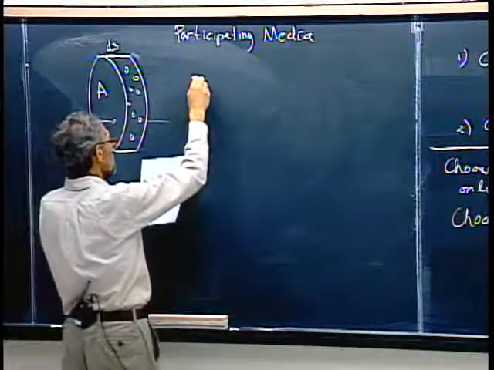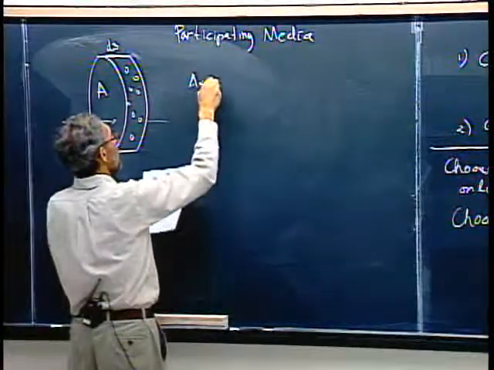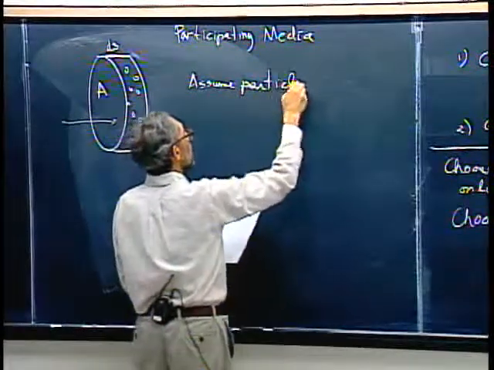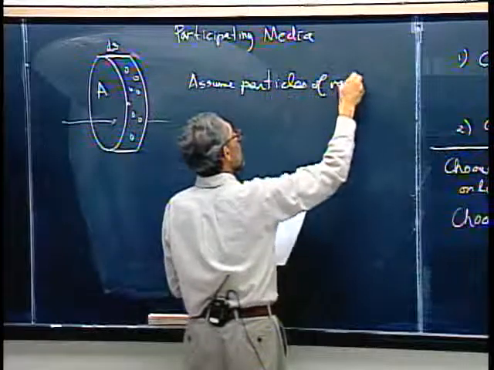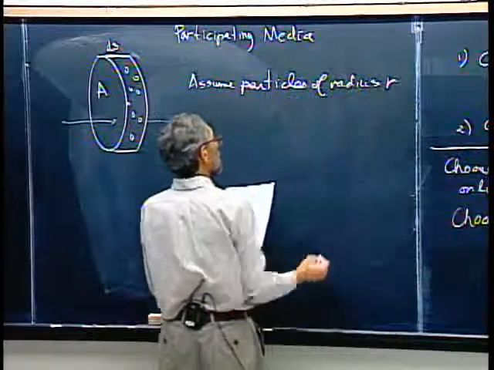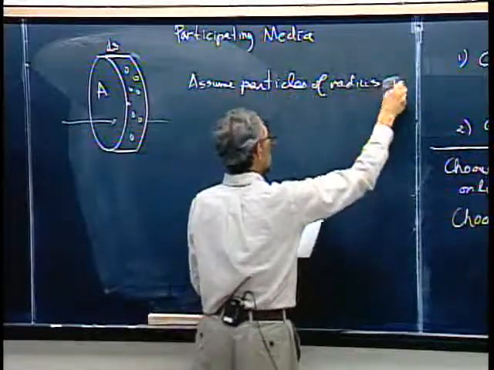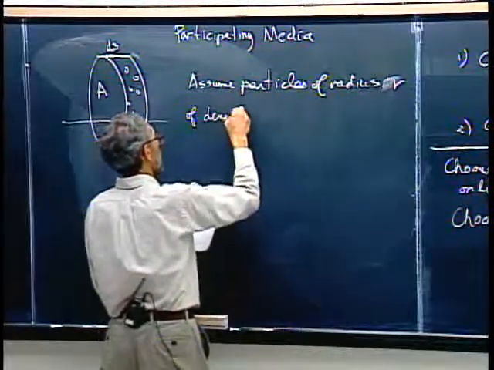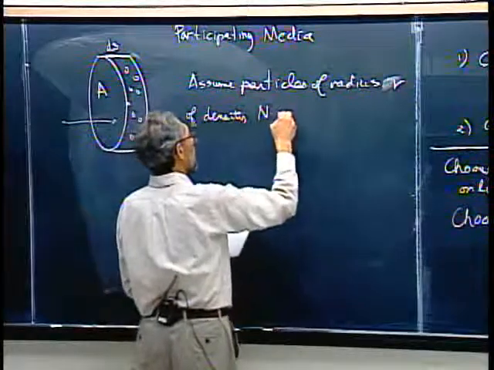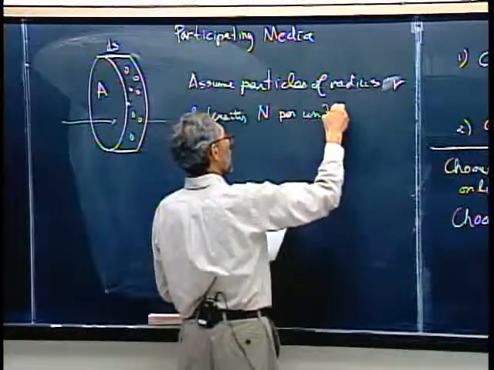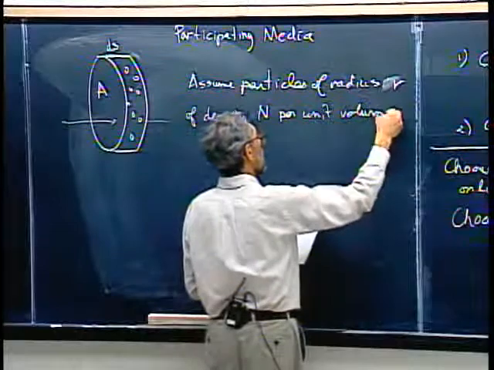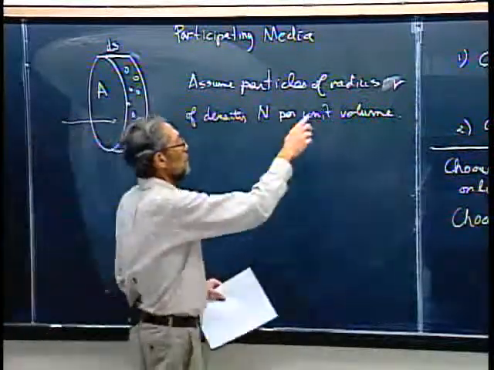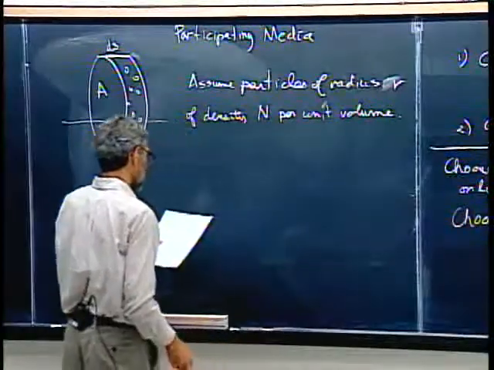Okay, so I'm going to assume particles of radius r, of density n per unit volume. So this n says how dense the smoke is, and r says how big each particle is.